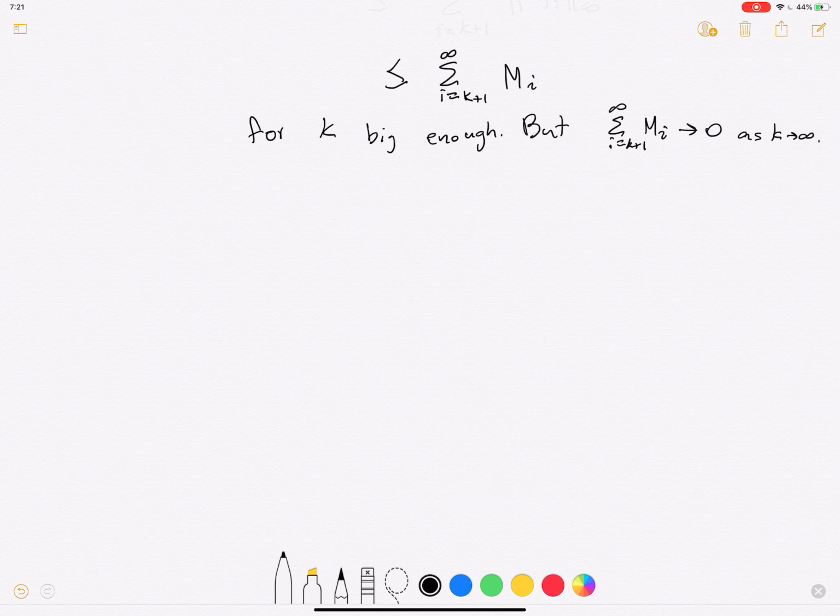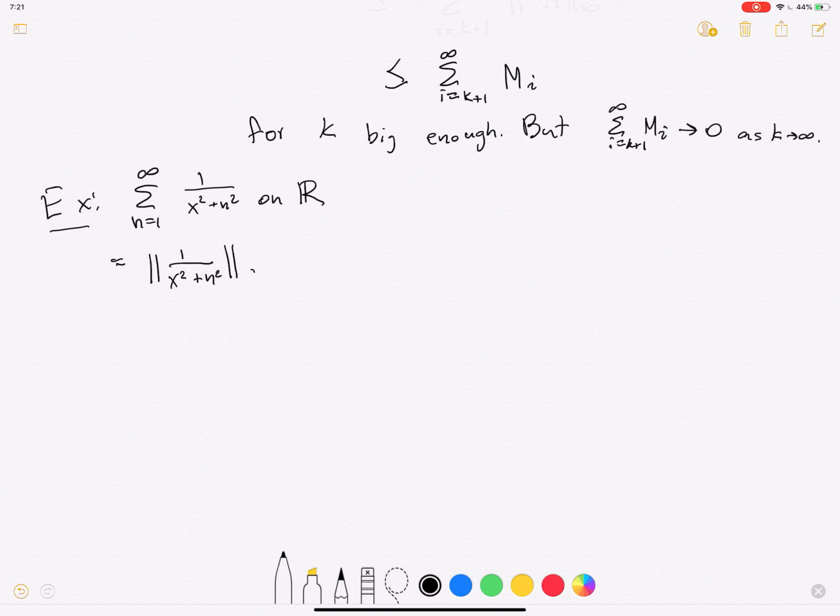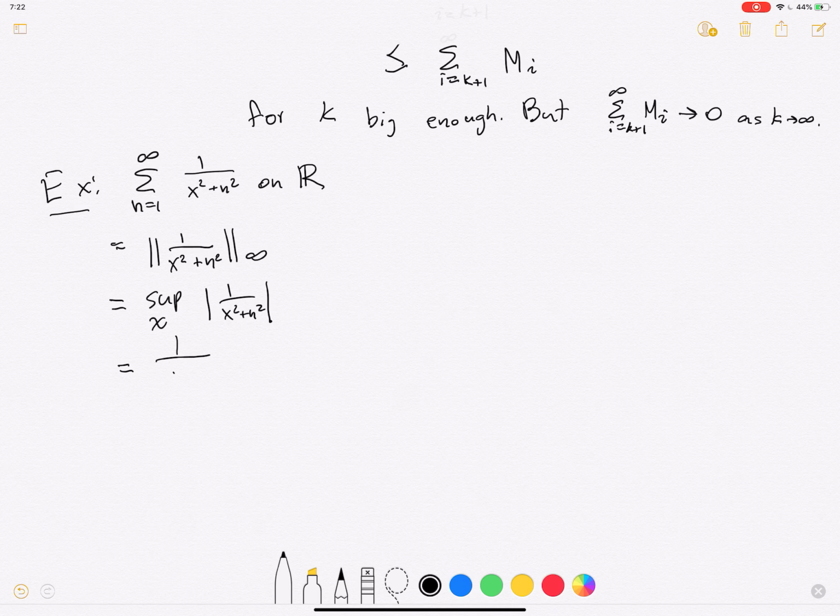So for example, take the sum from n equals 1 to infinity of 1 over x squared plus n squared, defined on the whole real number line. The infinity norm is the sup over x in R of 1 over x squared plus n squared, which, if you want the supremum, you set x to 0, so 1 over n squared.